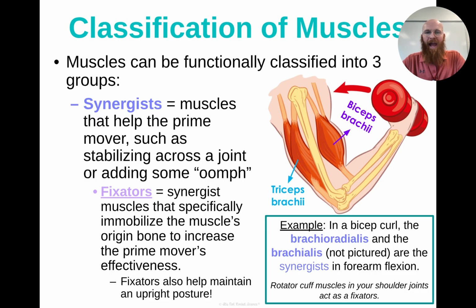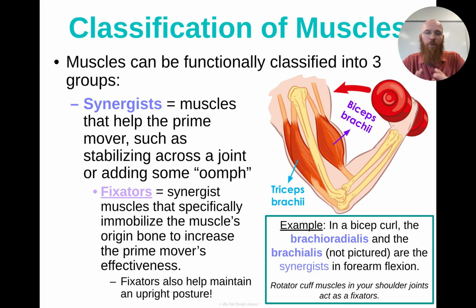And finally, we have this major group called synergists. When you see synergists, this comes from synergy. These are muscles that basically are here to help out your prime movers. They can act as stabilizers across a joint or add a little bit of extra oomph, which is like power, a little bit of extra stability, to aid in certain movements. They act as fixators.